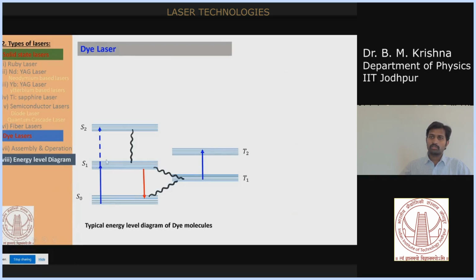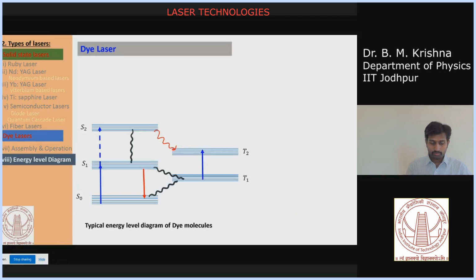So they go to the excited state S1. It is also possible that you have excited state absorption from S1 to S2. From S2 to S1 there is a non-radiative decay, a very fast decay, and this decay is not only to these energy levels, it is also possible to have a decay to these energy states also.